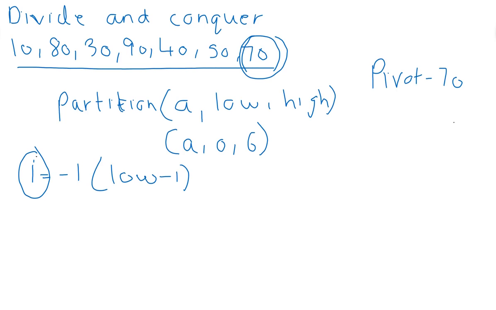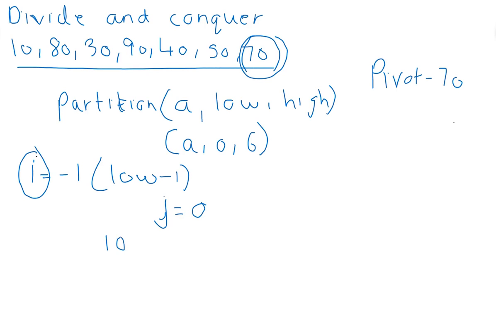Now I'm going to scan this array from left to right. So my j is equal to 0. I'll take the first element of the array, which is 10.